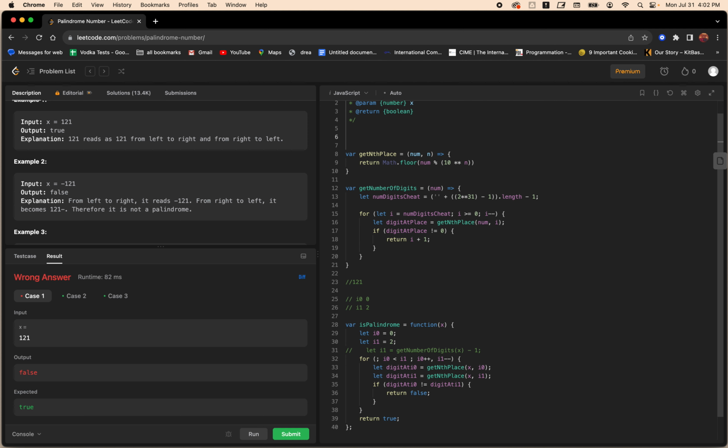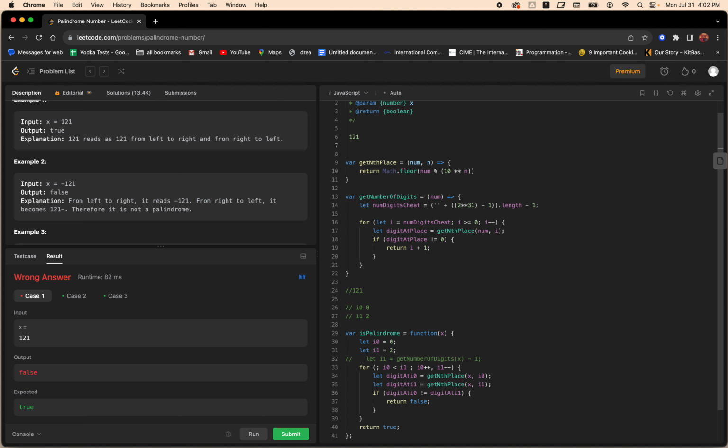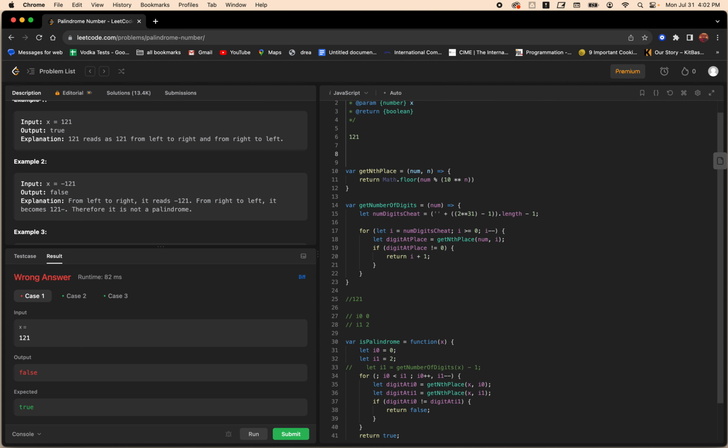If I have 121 and I want to get that 0th digit, I say, oh, right. I remember this now. Minus num divided by 10 minus num modulo 10 star star.